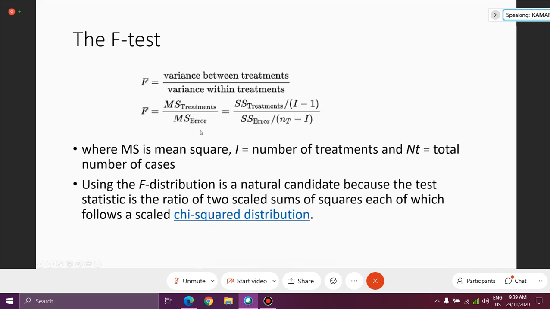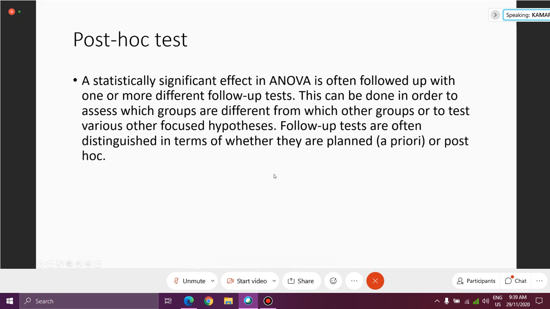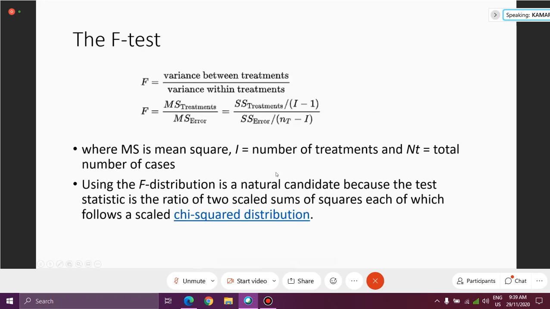If the F test is big enough and the p-value is less than 0.05, we reject the null hypothesis, which means that the means of the groups are not all the same. There are groups with different means.